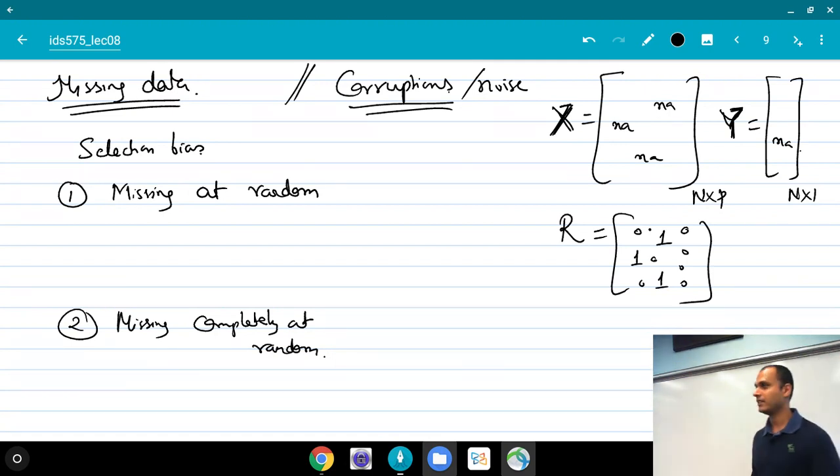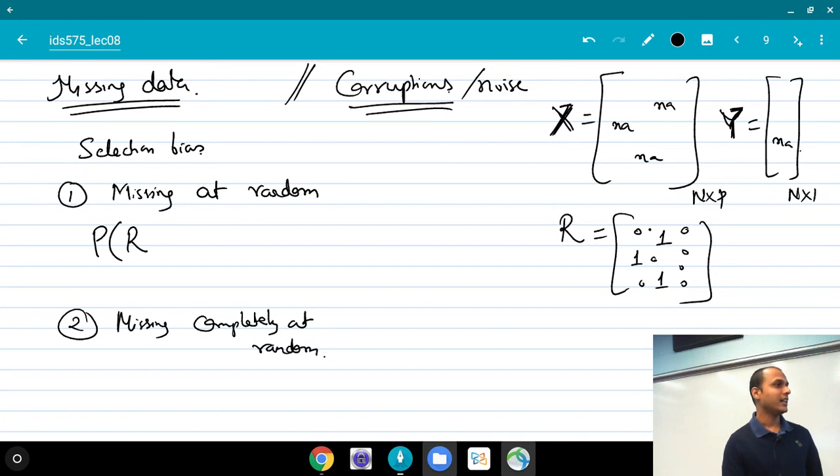I can say this is the locations where things are missing. Then missing at random. Okay, so we are going to think of this matrix R as the missing pattern, right?